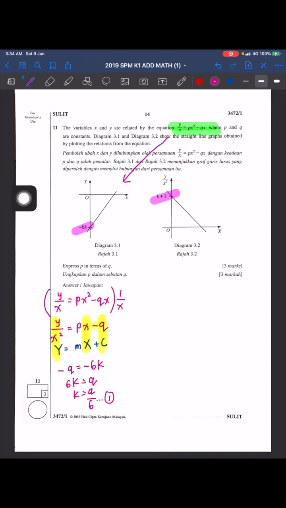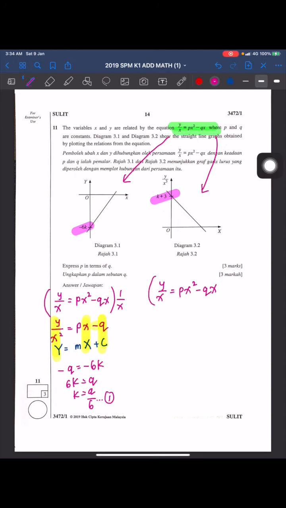Okay. So sekarang, saya tengok pula second diagram kita. So saya cuba reducekan equation ini dan relatekan dengan this one. Okay. So saya ada y over x equals to px square minus qx. Okay, di sini yang huruf kecil, kita ada y over x cube. So saya kena jadikan y over x ni menjadi bawah di x cube juga.